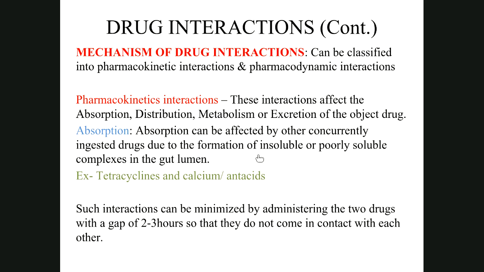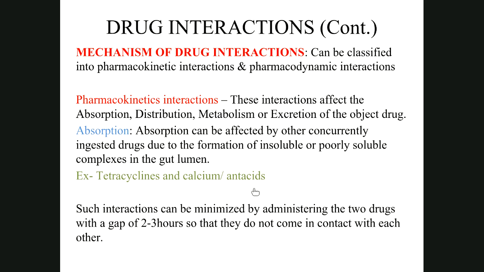So two drugs can react with each other and form insoluble or poorly soluble complexes in the GIT. Example is tetracyclines and calcium, or tetracyclines and antacids. If they are given together, or quickly one after the other, they might form complexes which are not easily soluble.